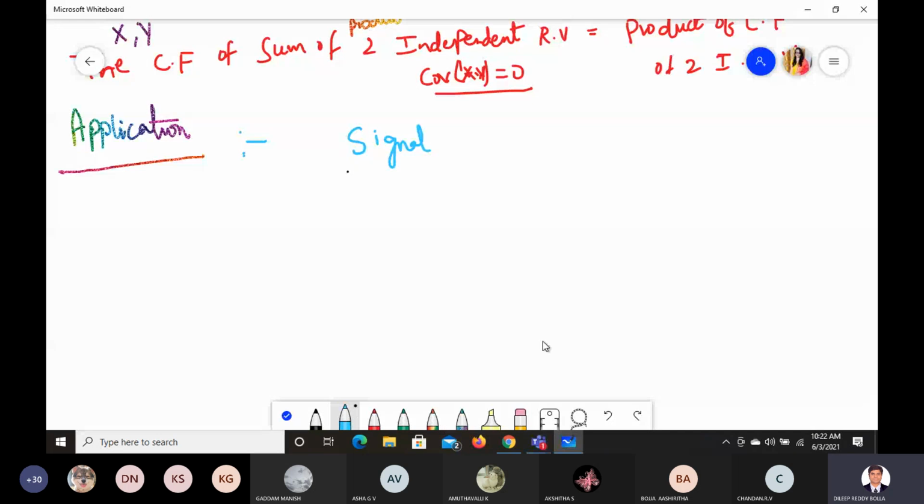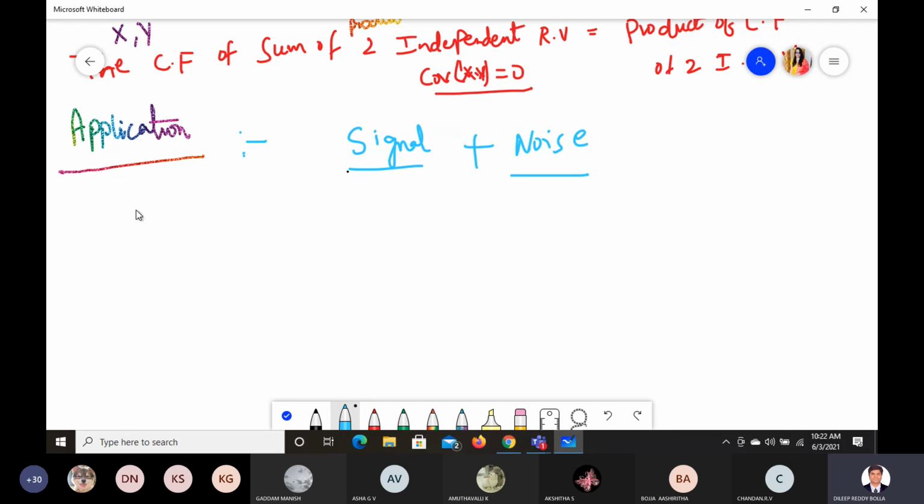So that's one of the applications here. Now, when we are transmitting any signal, along with the signal we will get noise. Anything you transmit along with the signal will get noise.